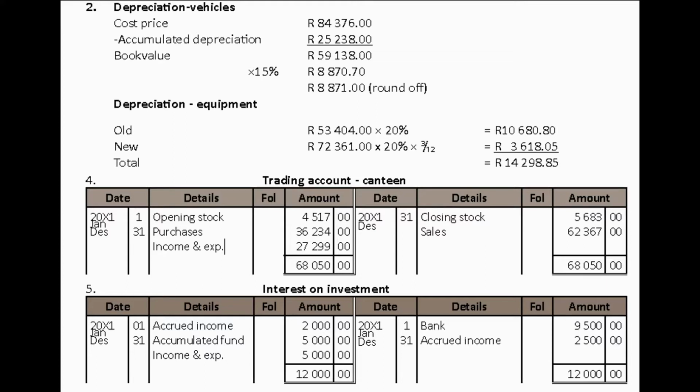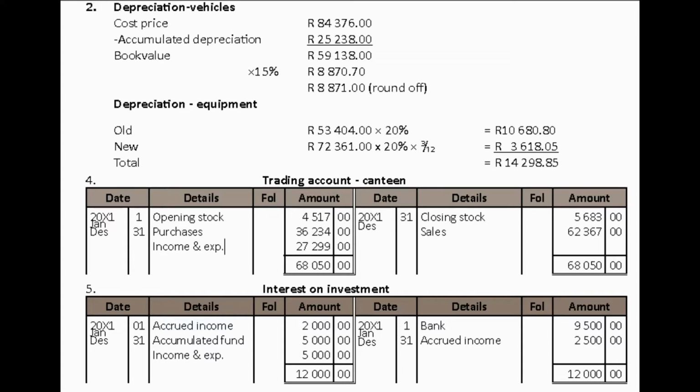And then the amount for the new equipment is 72,361. You bought that on the 1st of October, so it's 72,361 times 20% multiplied by 3/12 for the 3 months, October, November, December, and then you get an amount of 3,618.05.